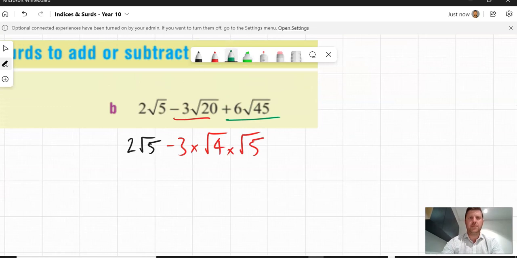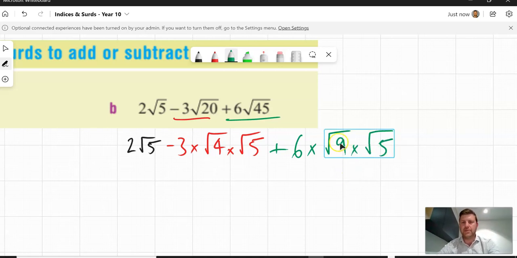So plus 6 times the square root of 9 times the square root of 5. And the reason I put the 9 at the front again was because 9 is the square number, and the square root of 9 can be written as a whole number, which is 3.